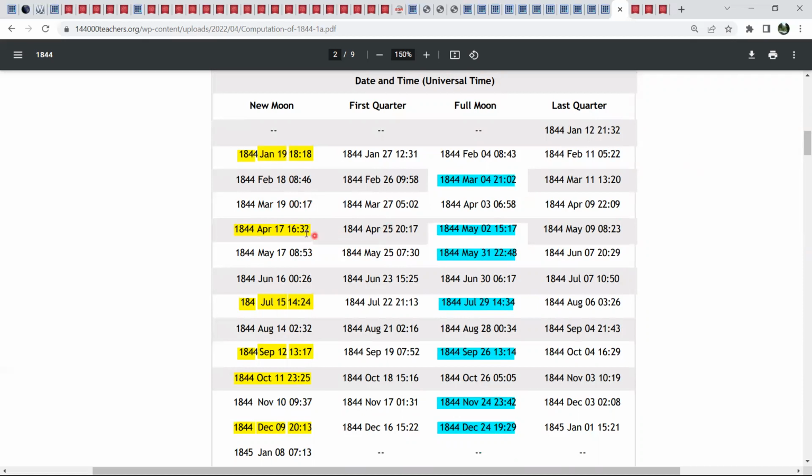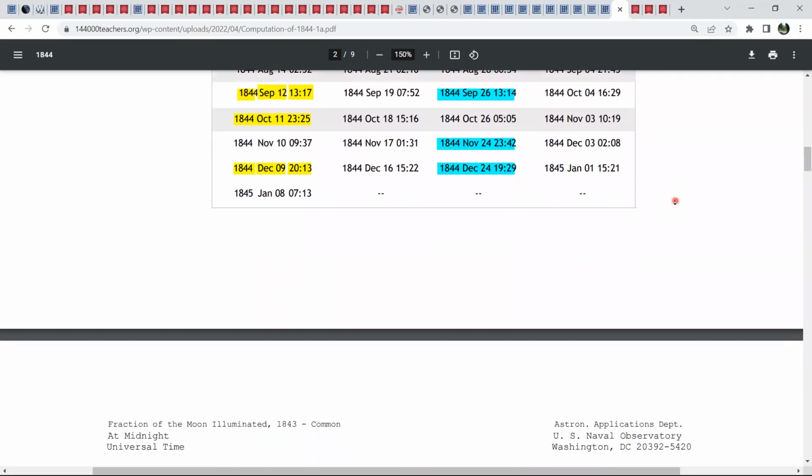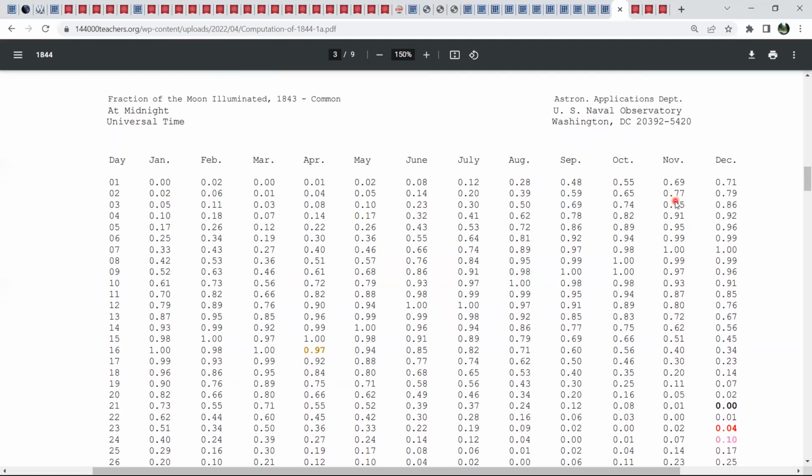So as we pursue it to April of 1844, we have seen that it was an embolismic year by using the data of 1844, which they probably may not have had in 1844, but they have built them now for us, which is great. This is 1843.